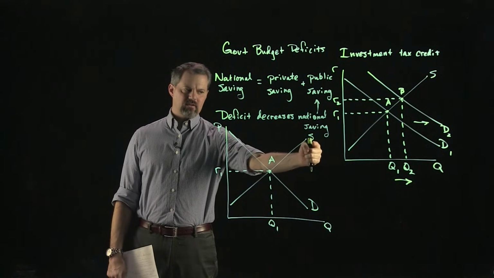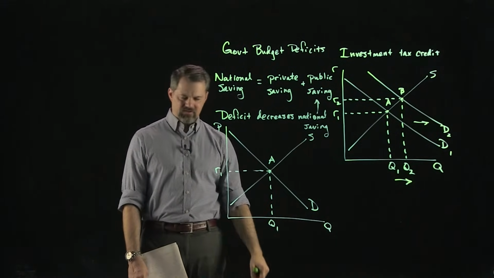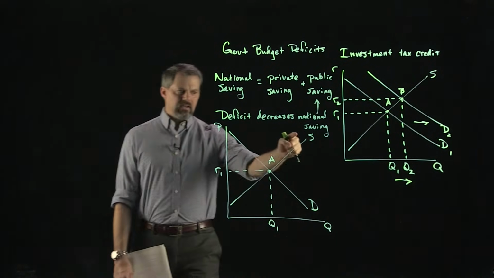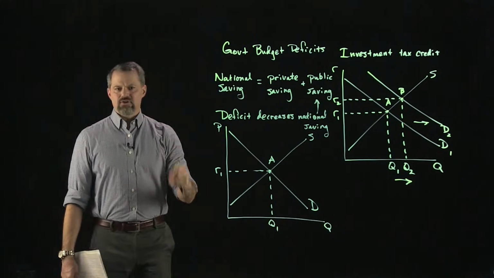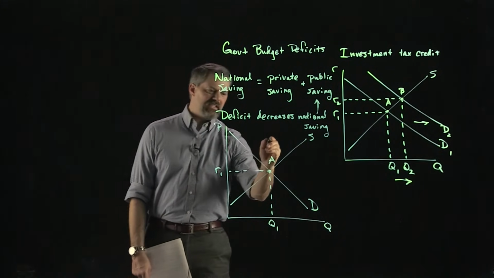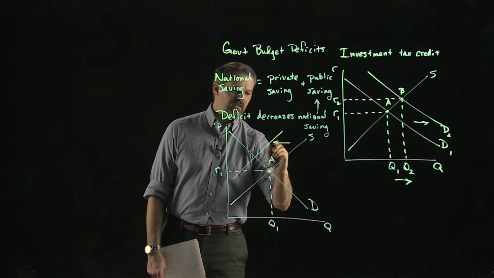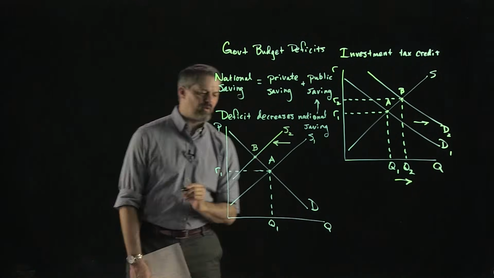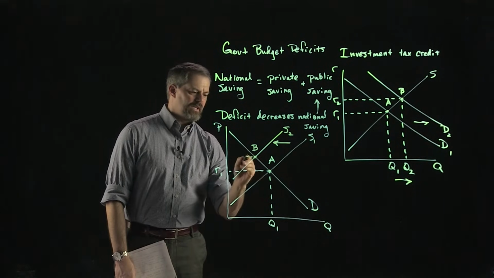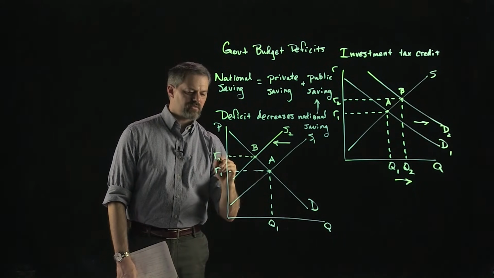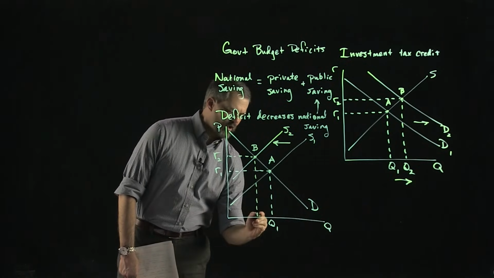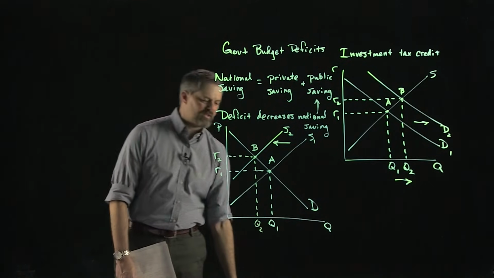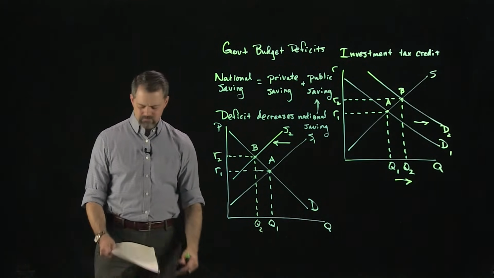Well, this curve right there represents the supply of loanable funds. That is representing national saving. So if national saving decreases, then we go from S1 to S2. We get a new equilibrium up here at point B. We get a higher interest rate, R2, and a lower amount of saving and investment that takes place in the economy.